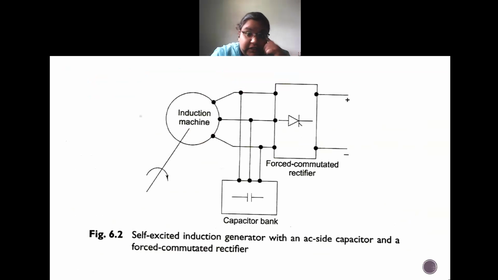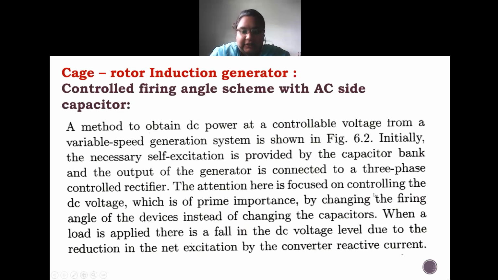Here we need to control the DC side voltage, but rather than controlling the capacitor banks, they are controlling the firing angles of this rectifier, such that we control the DC side voltage using the firing angles rather than the capacitor bank. That is what he is saying.